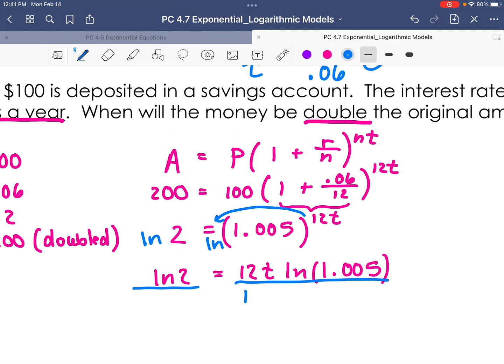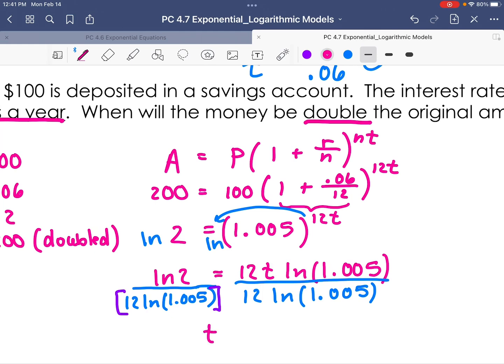You could do it in 2 steps, but I'm just going to do it all in one. Divide both sides by 12 and natural log of 1.005. Be careful, though, if you are plugging this into your calculator, to appropriately use parentheses telling your calculator to divide by both of those, or divide by each individually to be safe.